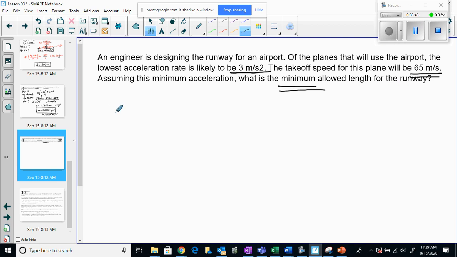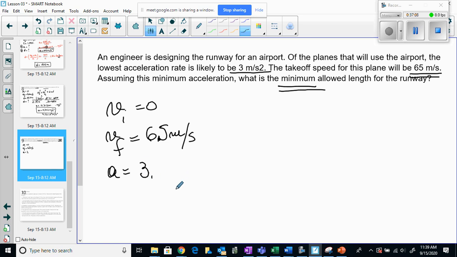So if the plane is starting to move on a runway, then the initial velocity is equal to 0. Final velocity is equal to 65, not 6.5 meters per second. And then the acceleration is 3.0 meters per second squared.